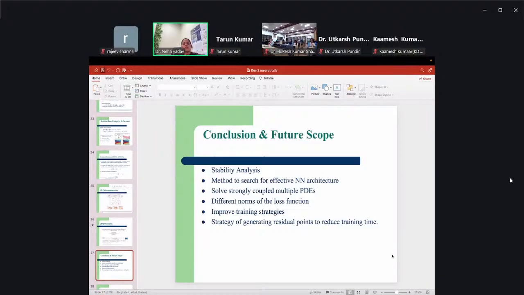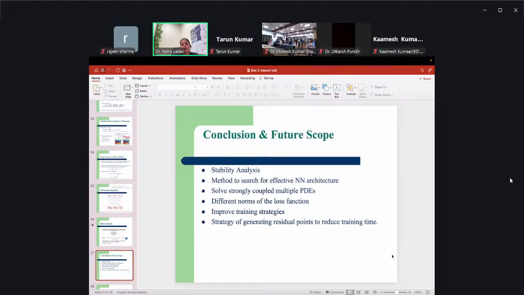So it is difficult to do convergence and stability analysis because it is totally problem dependent and depends on the set of random collocation points. One direction is how we can do the stability and convergence analysis of such algorithms.